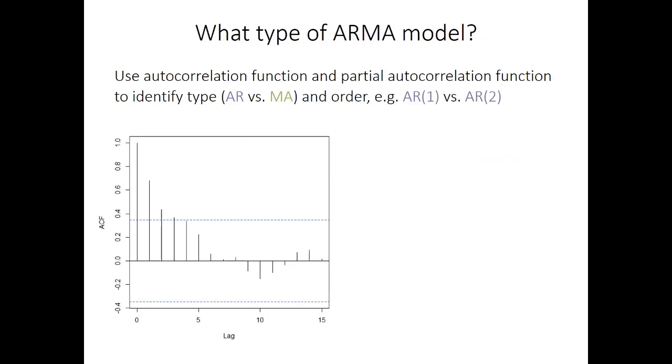So how do you actually identify the type and the order of autoregressive or moving average models? Well, one way is to use the autocorrelation function and the partial autocorrelation function, which I'll explain here. An autocorrelation function plot has vertical lines, and each vertical line is the correlation coefficient between the residuals and the residuals at various lag values.